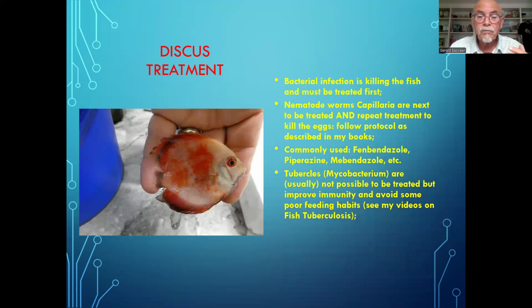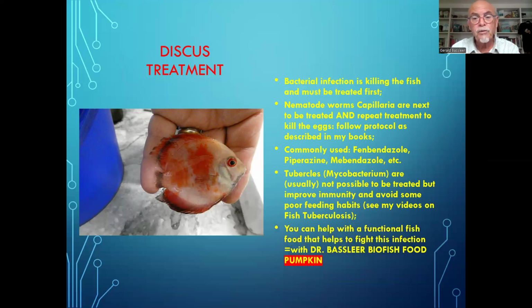The tubercles, most likely Mycobacterium, are usually not possible to be treated because they are encapsulated and no medication can go inside that capsule. So try to improve the immunity and avoid poor feeding habits or practices. See my videos on fish tuberculosis where I explain what you can do about it and certainly how to prevent.